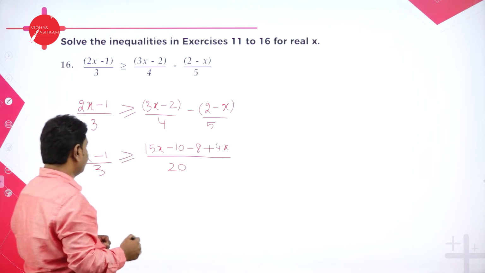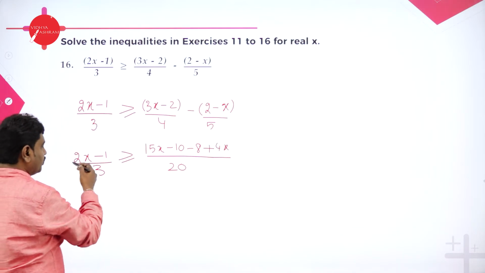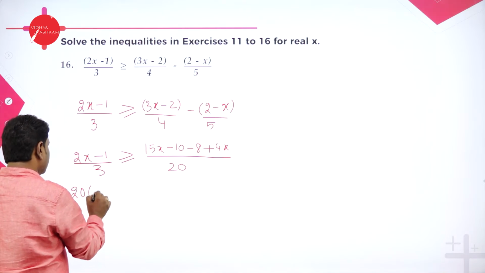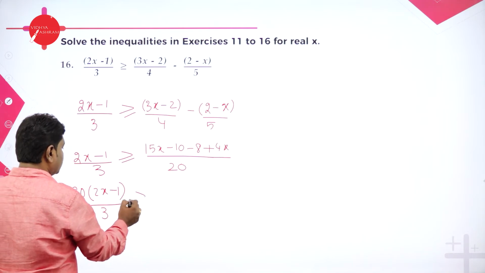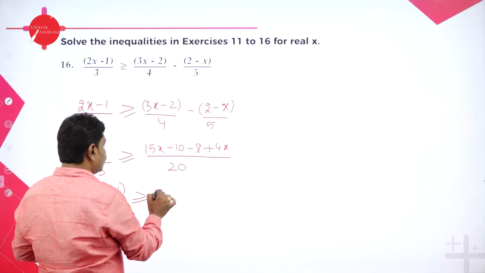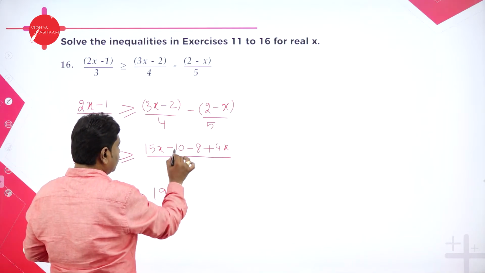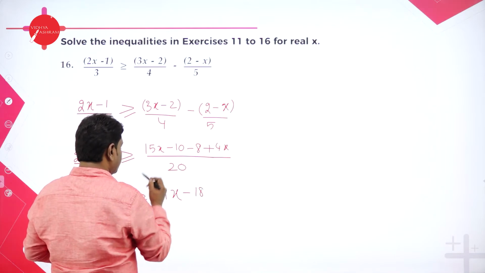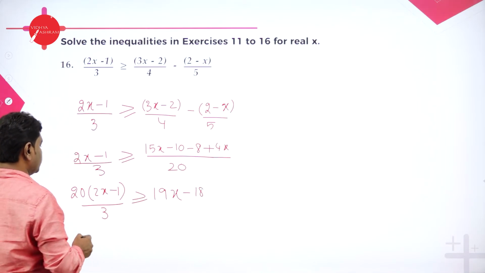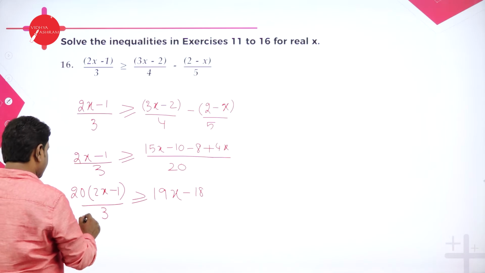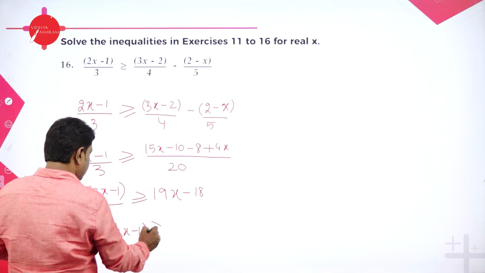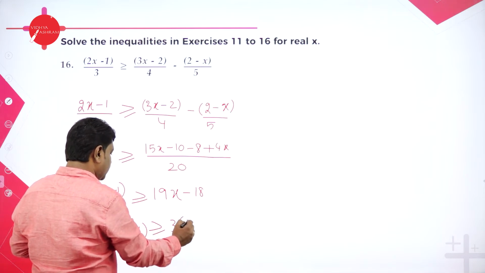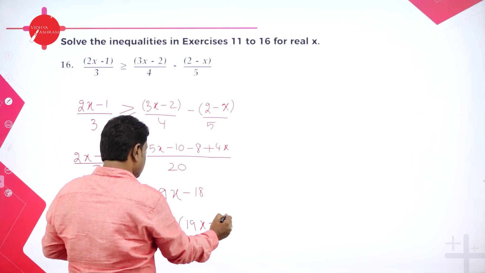Simplify this further. So 20 you can bring this side. So 20 into 2x minus 1 by 3 let it be greater than or equal to 15 plus 4 is 19x minus 18, and 3 you can transfer that side. So 20 into 2x minus 1 greater than or equal to 3 into 19x minus 18.